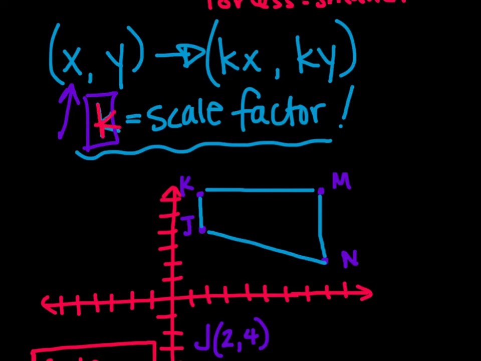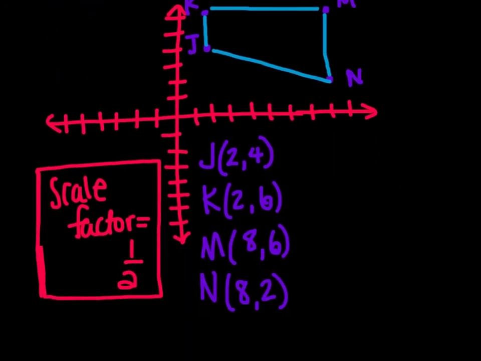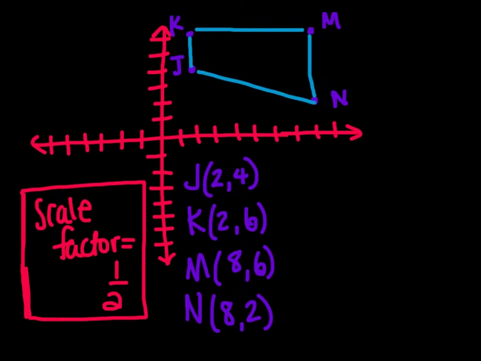So k is equal to our scale factor. And if we multiply this by x and this by y, we get a new point, and that shows the new point for our dilation. Kind of cool.